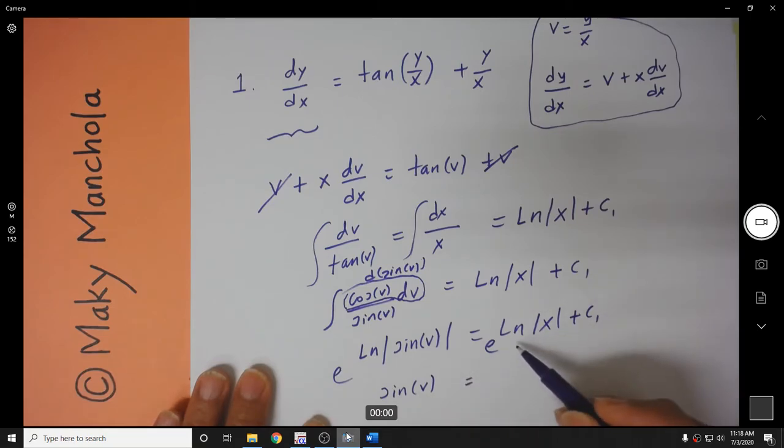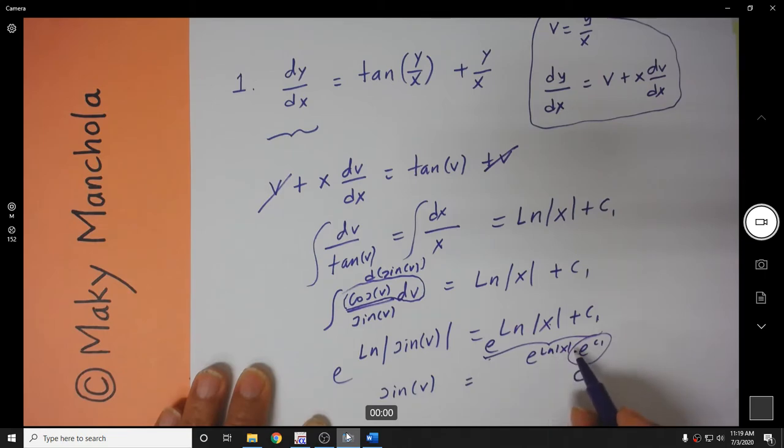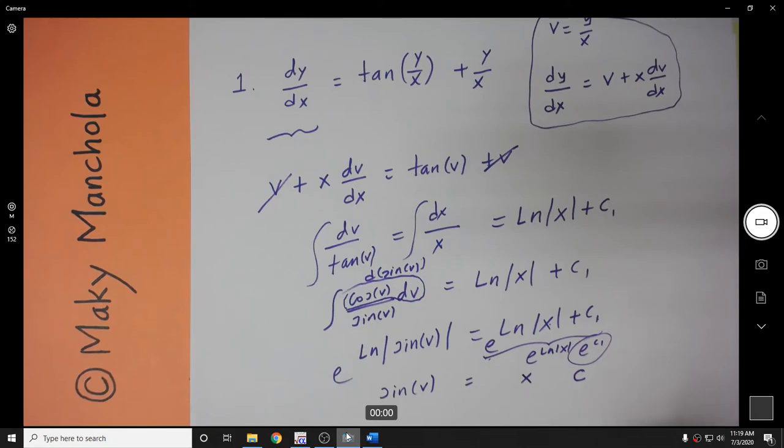On the right side, observe that when you split this up, you get e to the ln of absolute value of x, e to the c1. This I can call c. It's a constant. E to the ln of absolute value of x is the absolute value of x, but we're going to relax the sign here. That can be absorbed into the constant. Okay, so we have solved our equation.